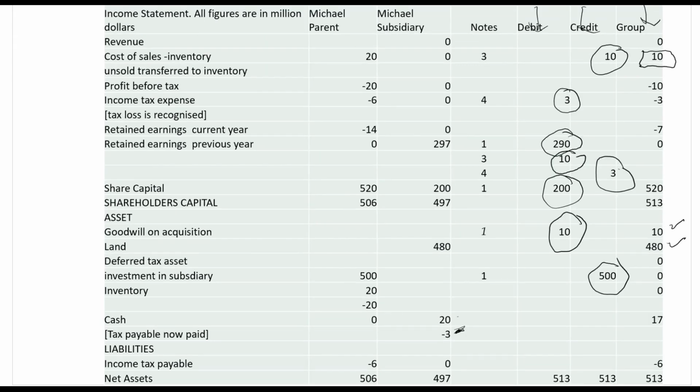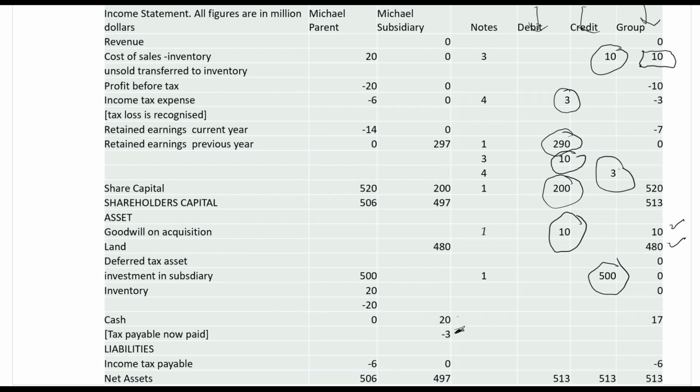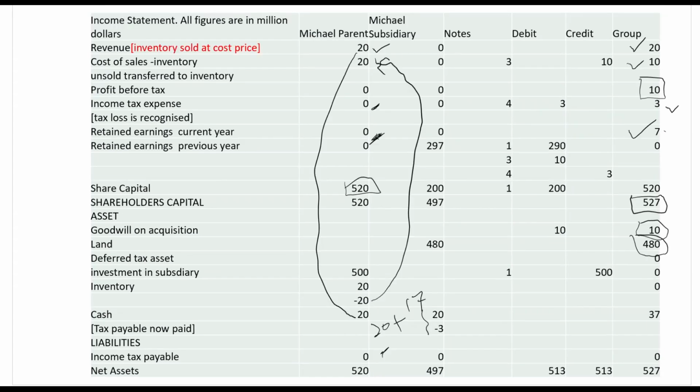The only difference between when the inventory was not sold and when the inventory was sold is that the net asset position changed from 513 million and it became 527 million.